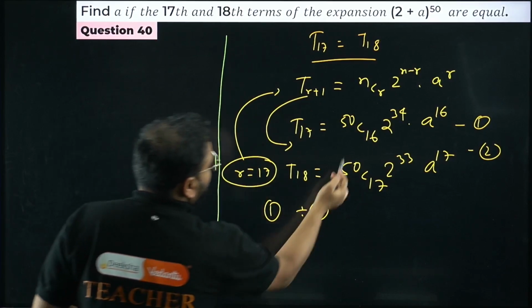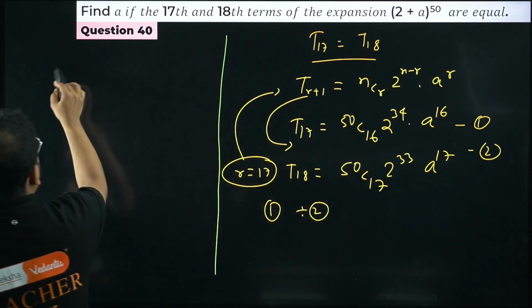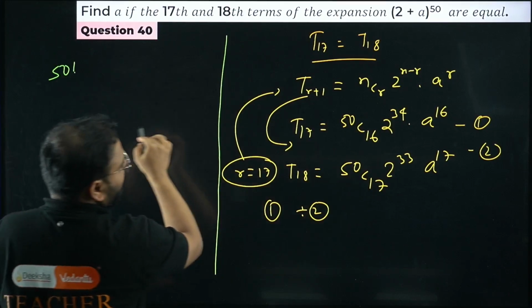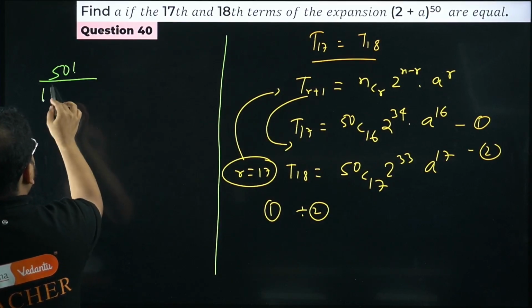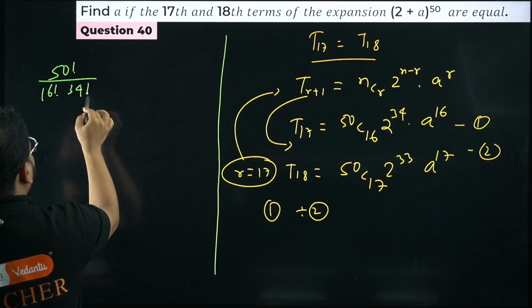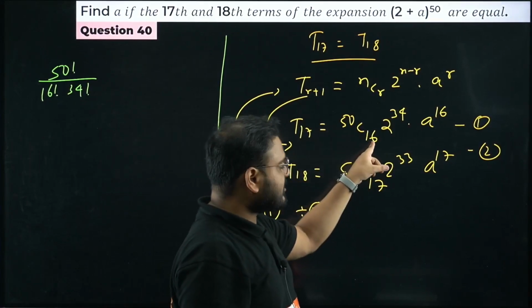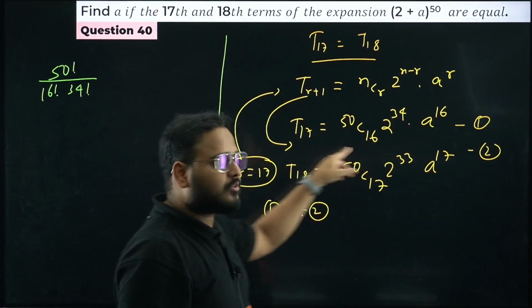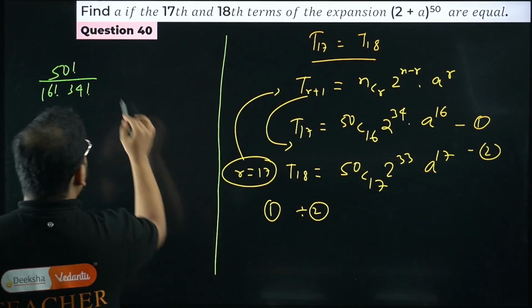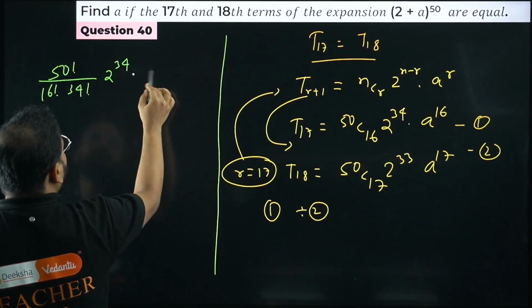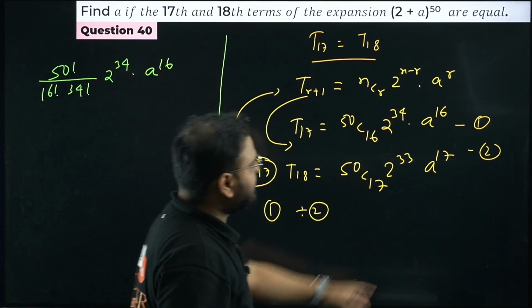Let's say it will become 50 factorial upon 16 factorial into 34 factorial. How come, sir? 50 factorial by 16 factorial into 50 minus 16, so 34 factorial, into 2 power 34 into a power 16. Is that clear? First equation.